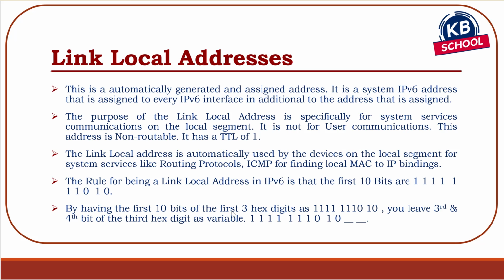By having the first 10 bits of the first 3 hex digits as 1111 1110, you leave the third and fourth bit of the third hex digit as variable, which is represented over here, which is an F, E, and this is where the variable comes in, which is 8, 9, A, or B. So that's what you're going to see as a link local address, and I've represented that over here for you guys.